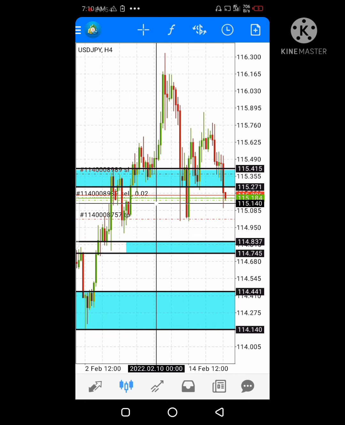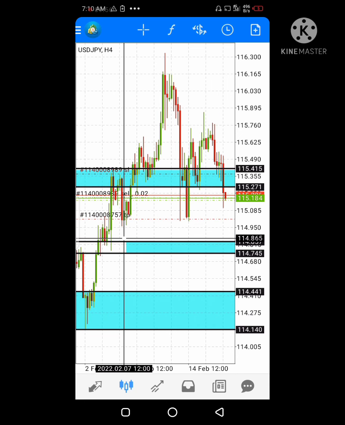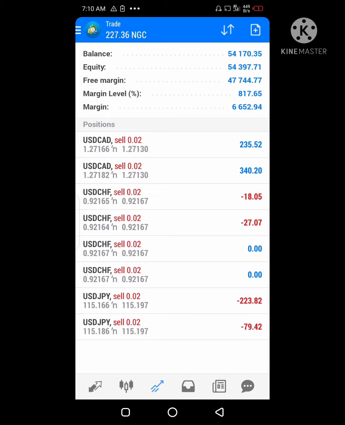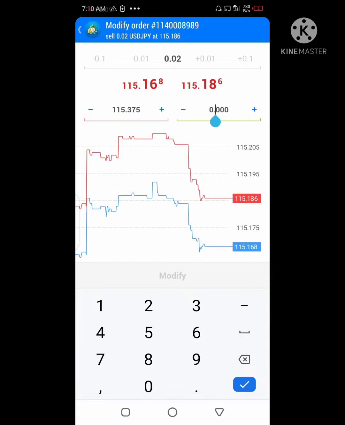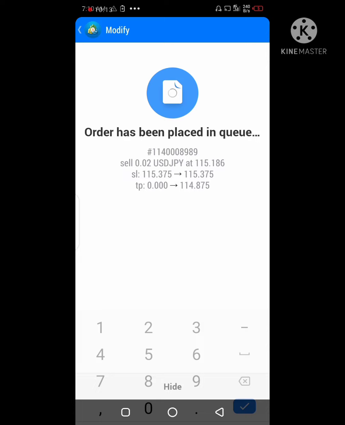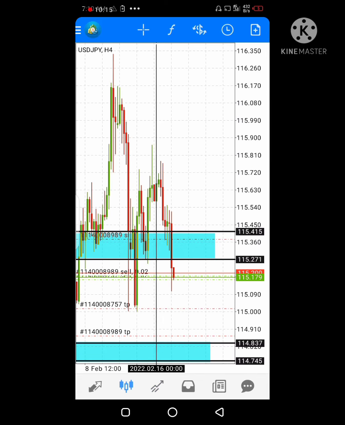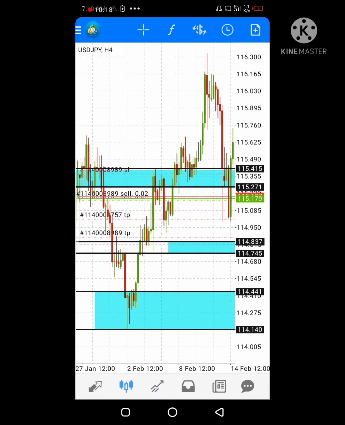So I'm going to put my take profit right here, 0.75. At this point we might have a reversal.